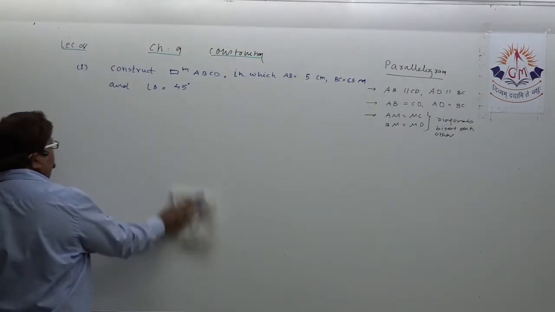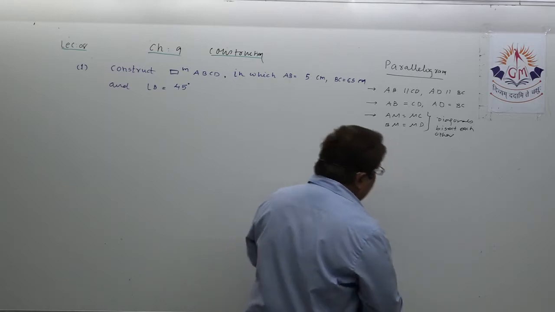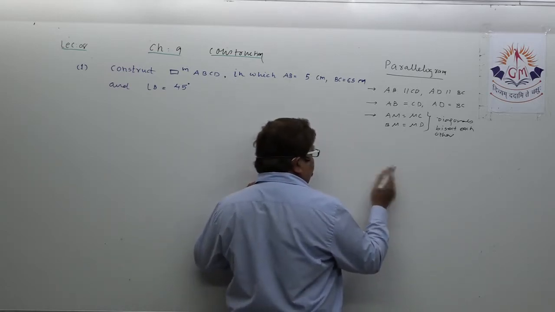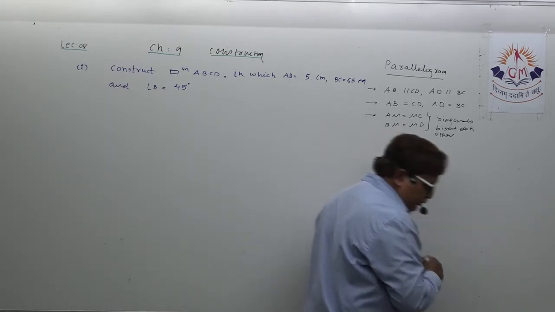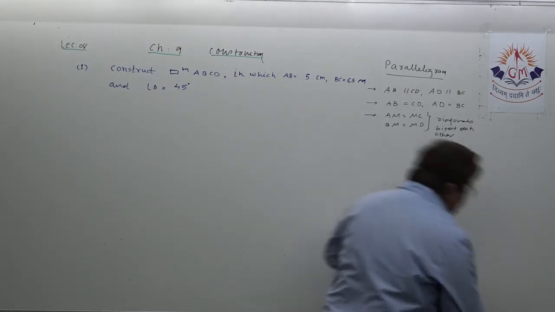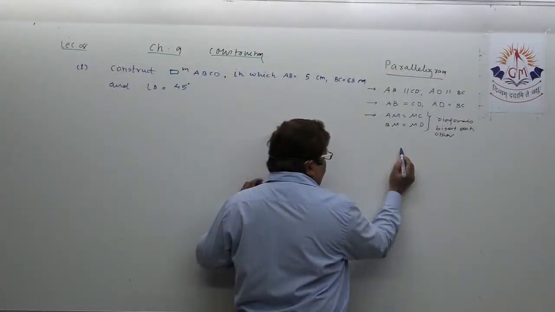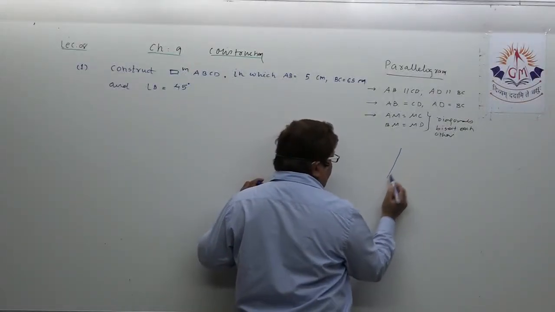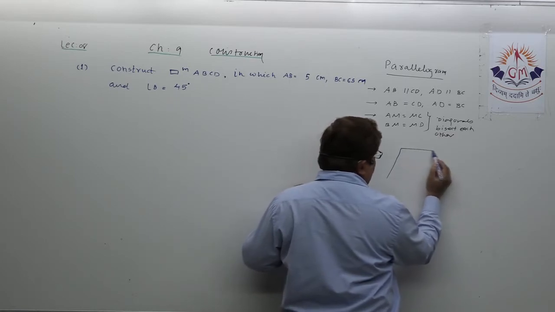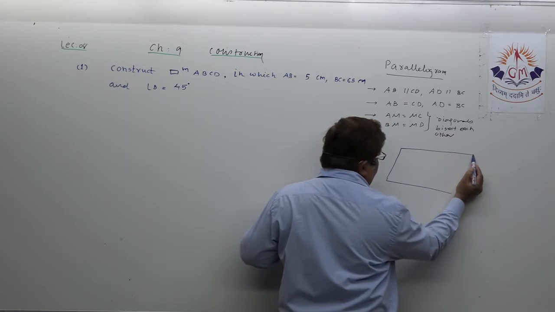Okay? So I am just drawing the rough sketch here. This is the rough sketch of the diagram. First, let me draw. This is the way the parallelogram is going to be looking or going to be constructed. This way. Parallelogram ABCD.